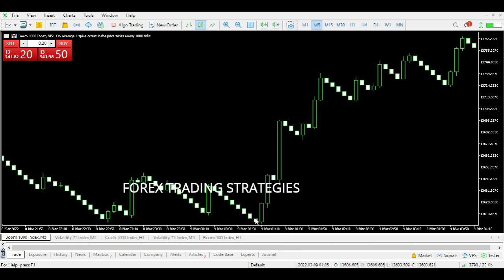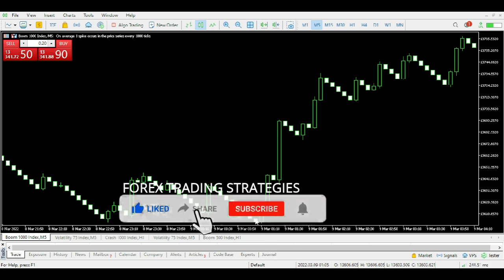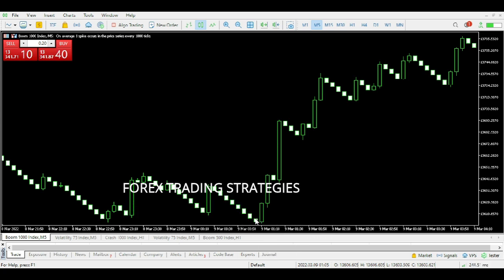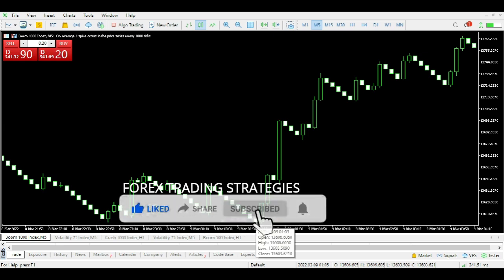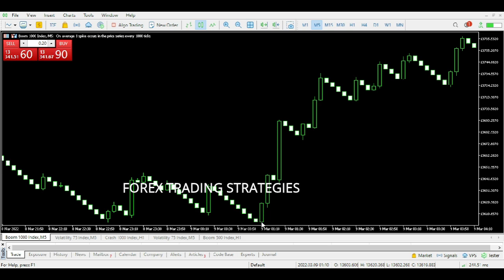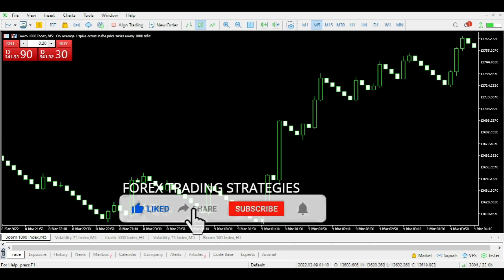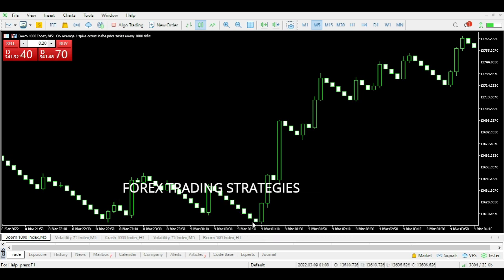If you know the anatomy of candles, because these are bearish candles, the top part is the opening price and the bottom part is the closing price. So the basic premise is when the closing price is equal to or lower than the open price of the next candle, this bullish candle, it needs to open a buy.